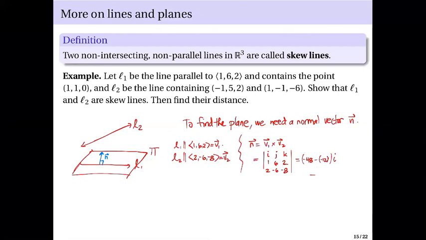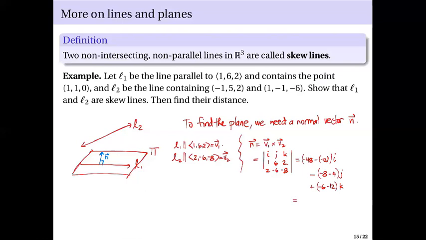Minus, for the j, you have 1 times negative 8, that's negative 8, minus 2 times 2, that's 4, j, and then for the k, we have 1 times negative 6, that's negative 6, minus 2 times 6, that's 12, k.